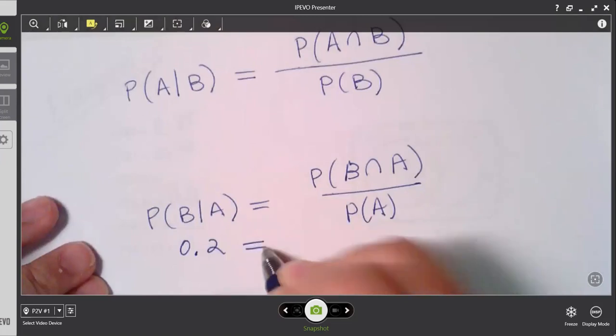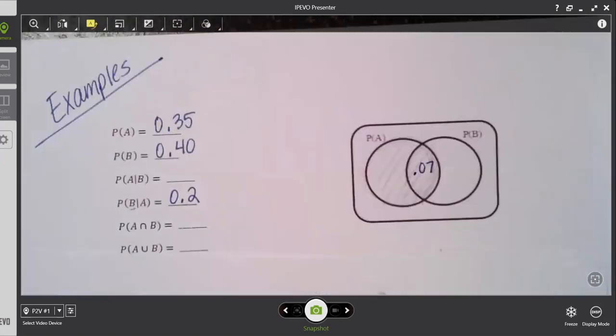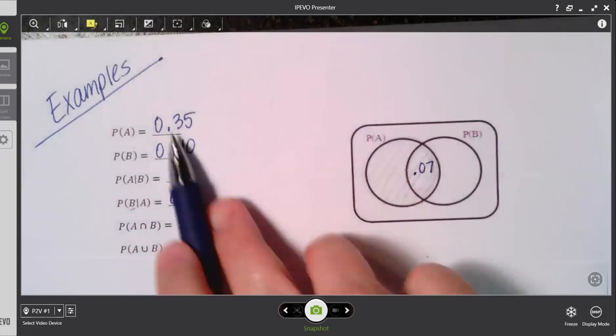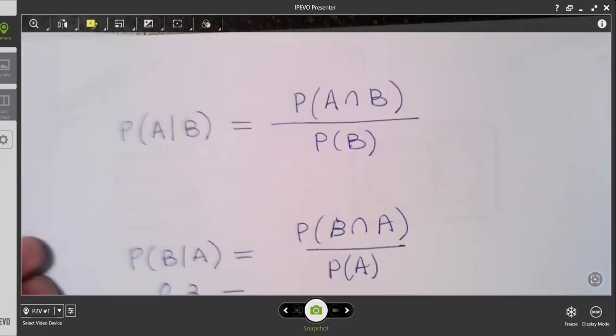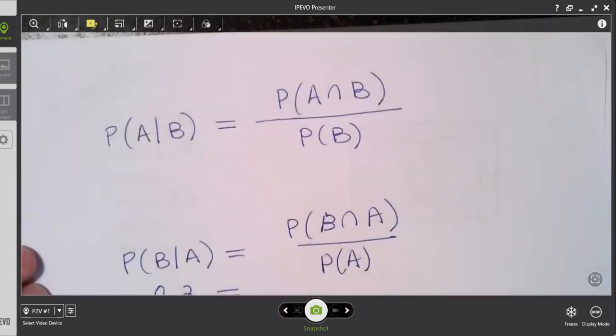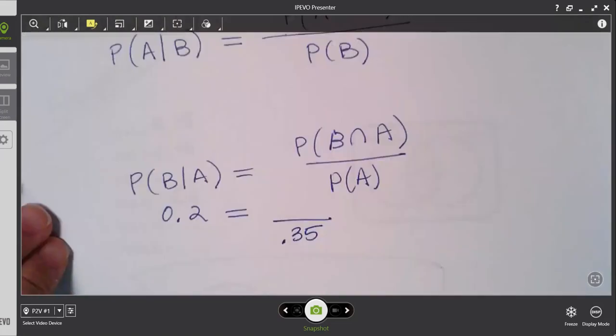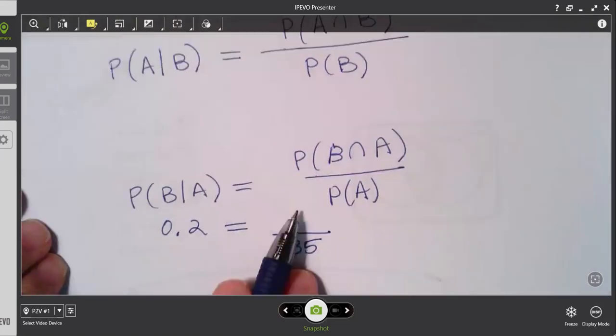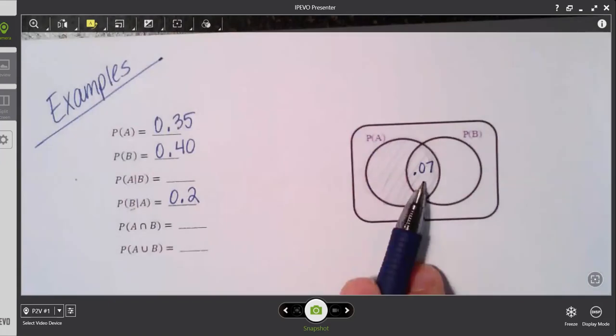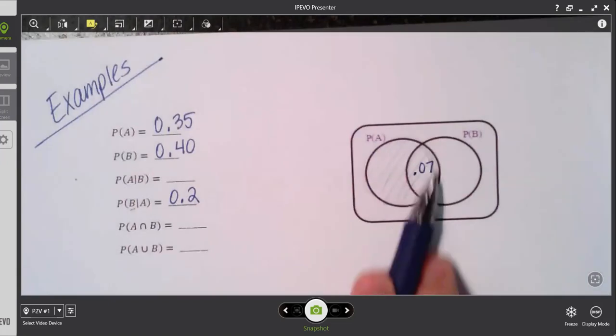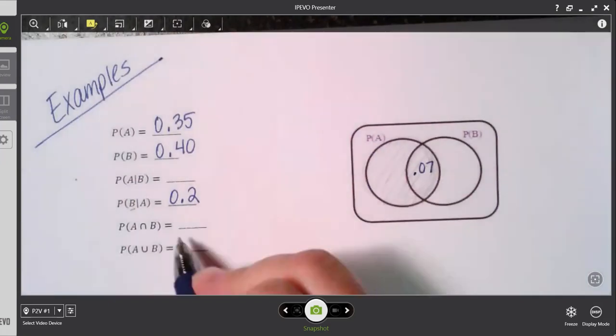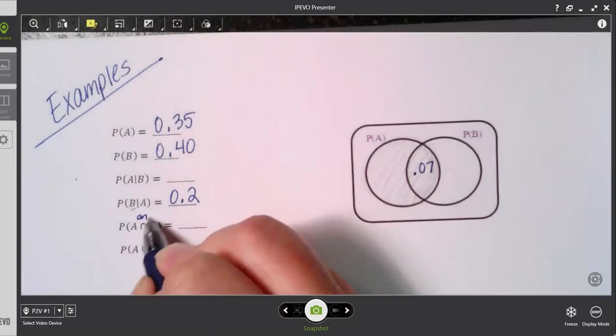And that equals the probability of both of them divided by the probability of being in A. So that's what I'm doing, I'm multiplying these to get this. And that's how I get that the probability of being in both is 0.07. Notice that's right here. Intersection means and, so that's 0.07.